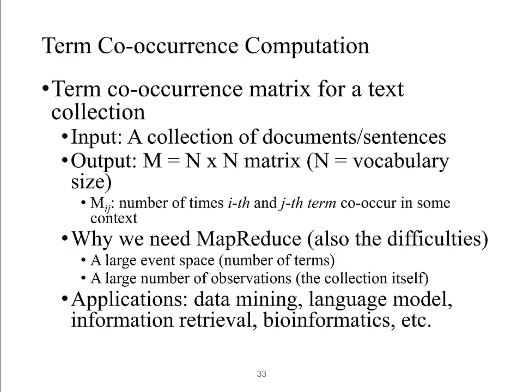So for each element in the matrix, for example, the cell in the ith row and jth column represents the number of times that the ith and jth term co-occur in some context. For example, let's say we take the terms as the characters here.